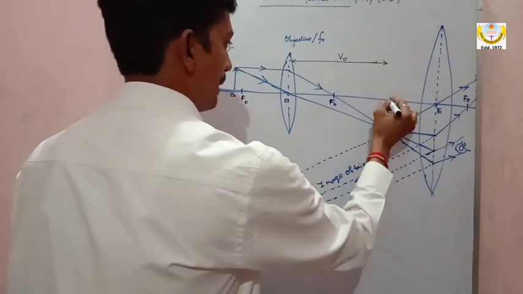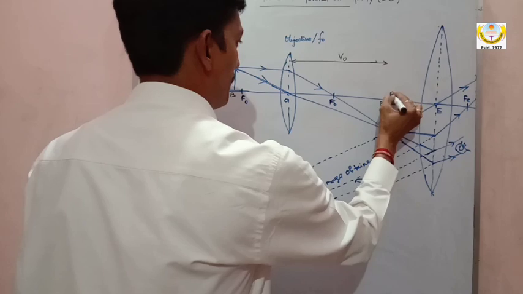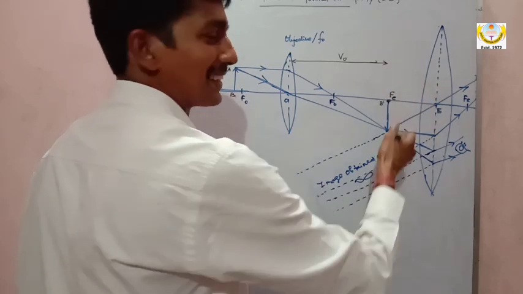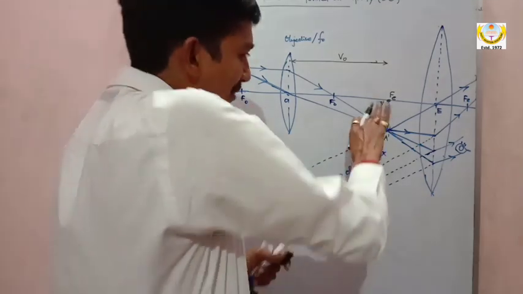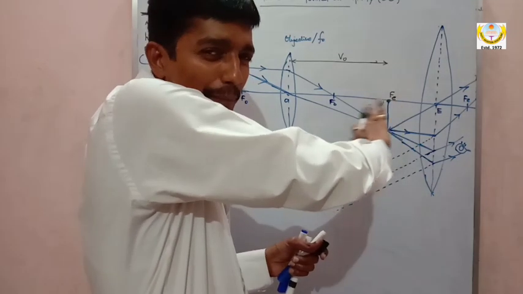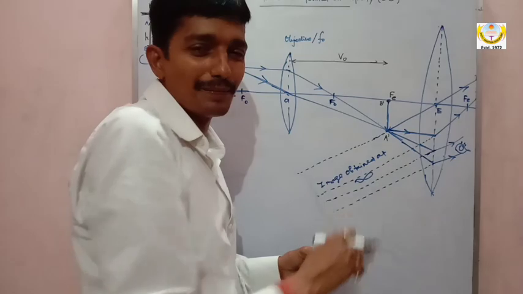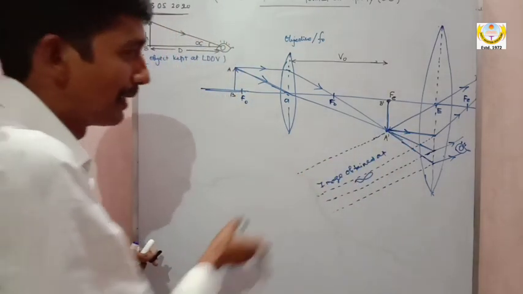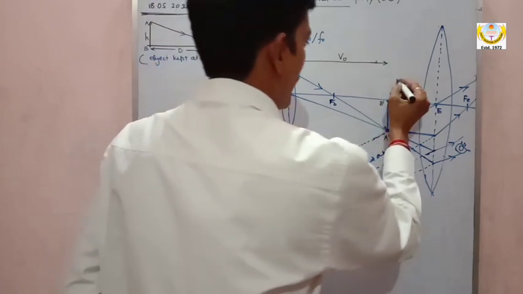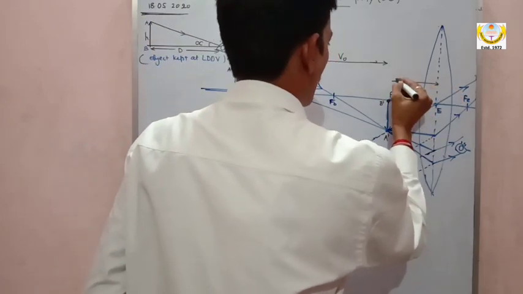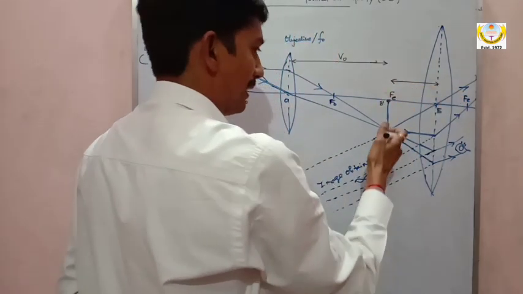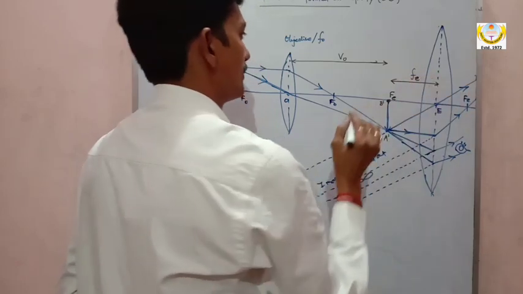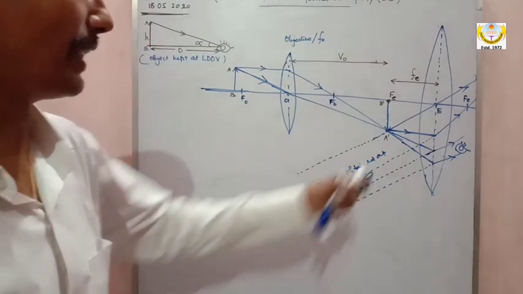Now this will obtain the image at infinity only when it is at the focus of the eyepiece. Earlier it was a little within the focal length of the eyepiece, and it formed the image at LDDV. But now it is at FE. So if it is at FE, the distance from this object A dash, B dash becomes FE.